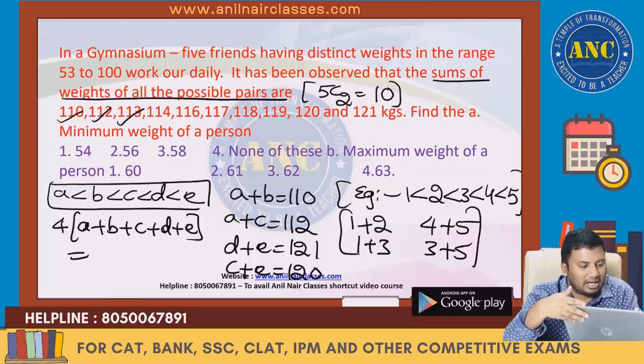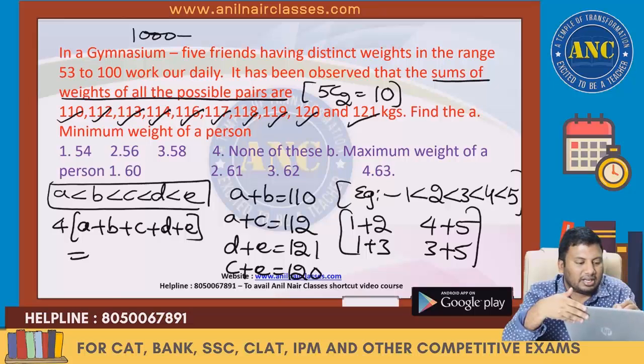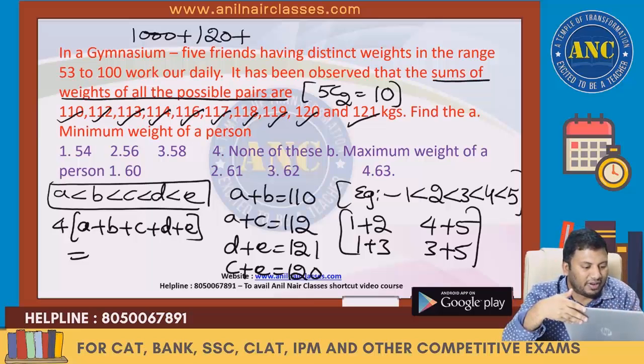100 is added 10 times, 1000. 10, 20, 30, 40, 50, 60, 70, 80, 100, 120. 2, 5, 9, 15, 22, 30, 39, 40.